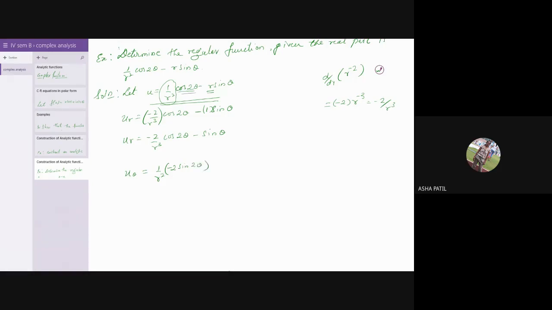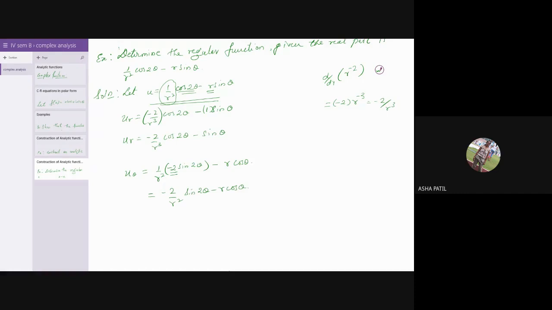The derivative of cos 2 theta is minus sin 2 theta, again into the derivative of 2 theta, we get the 2. Minus r again is held constant. Derivative of sin theta is cos theta. Now we'll write it as u theta equal to minus 2 by r square into sin 2 theta minus r cos theta.